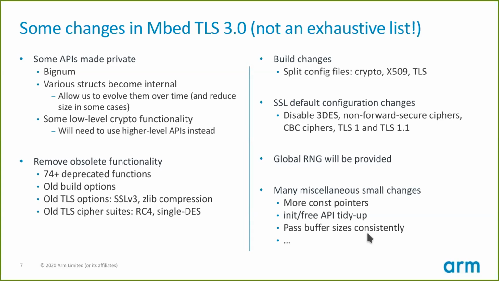So some APIs, as I've mentioned, some low-level modules are going to become private. This already exists in Mbed TLS in that there are internal SSL APIs that are private. For example, there's a lot of common code to TLS servers and TLS clients.